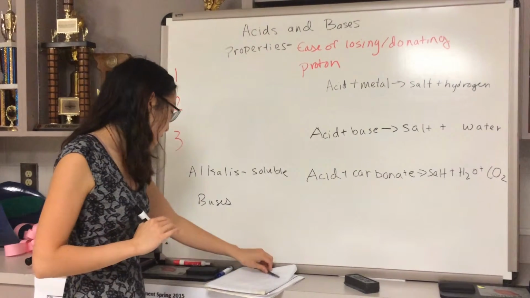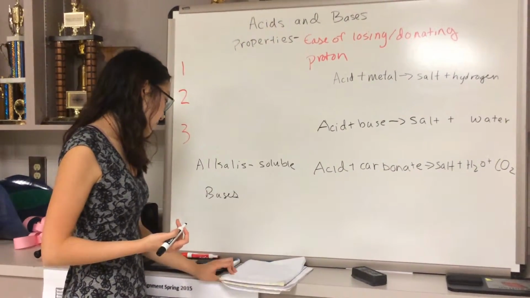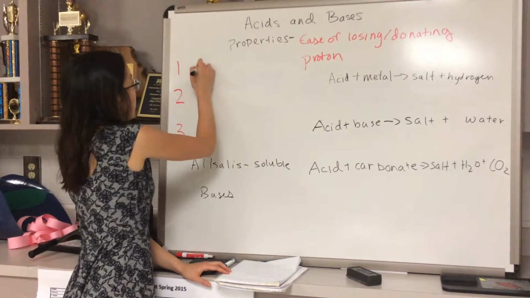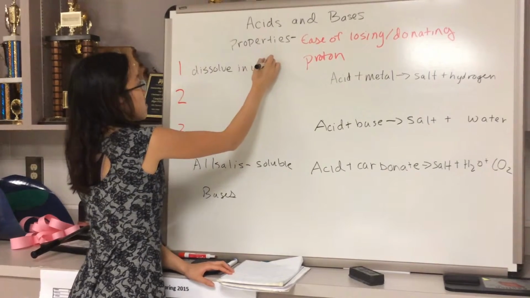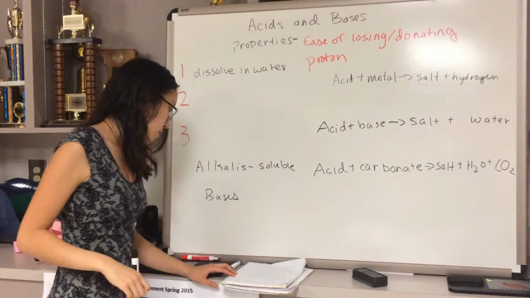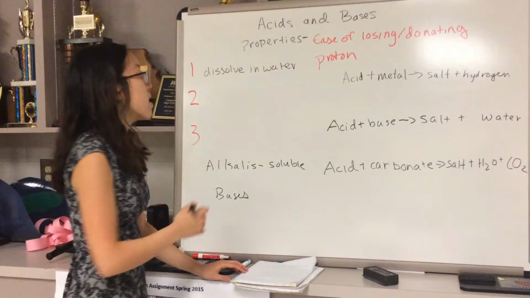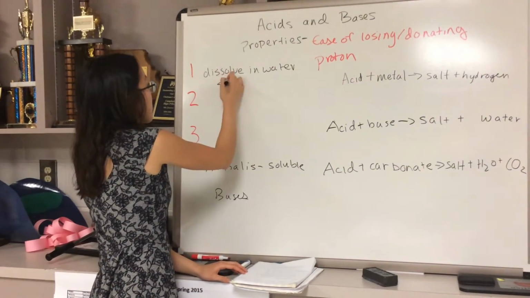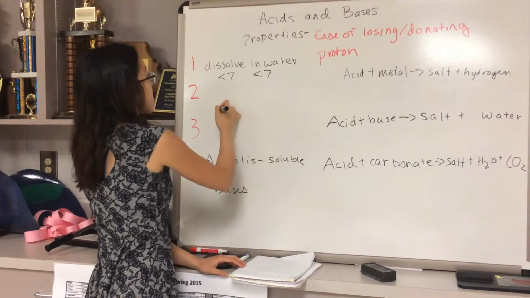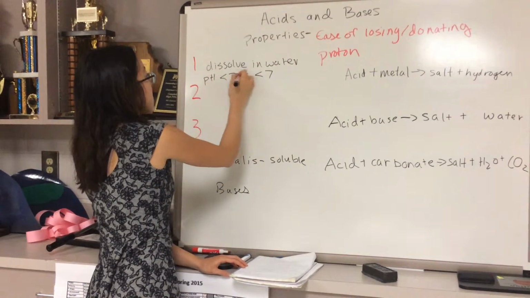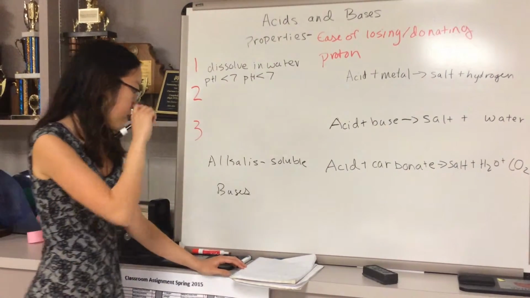However, there are three main characteristics of acids and bases. So first of all, they dissolve in water. They dissolve in water to give a solution with a pH of less than 7, which makes it acidic, or greater than 7, which makes it basic. That is one of the characteristics of an acid and base.